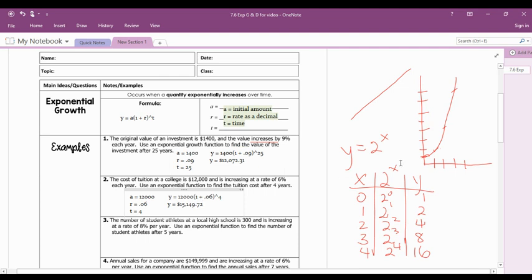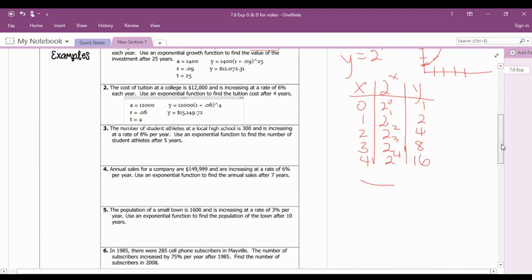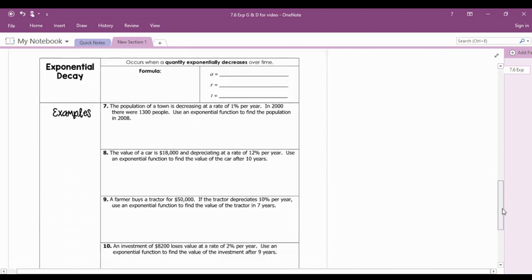All right, we're going to go down to the next slide and do a couple of decay problems. The formula is basically the same formula, it just has a minus sign in it instead. So it is still the initial amount, 1 minus the rate, and it is still to the time.